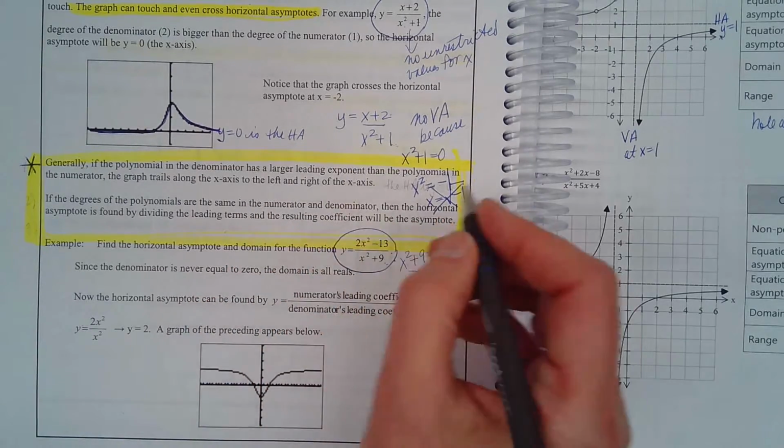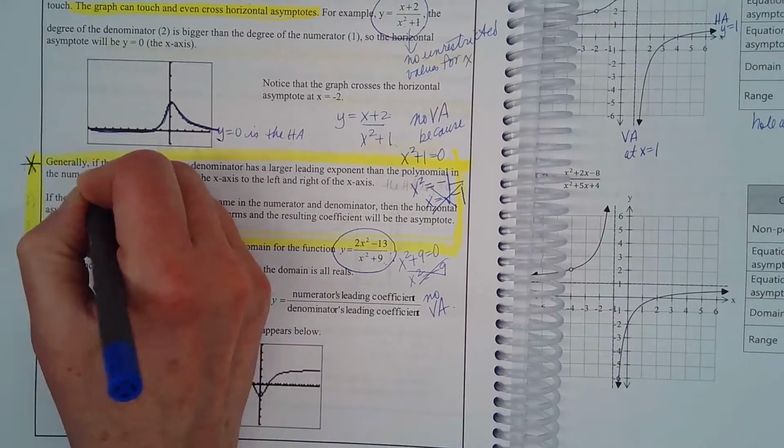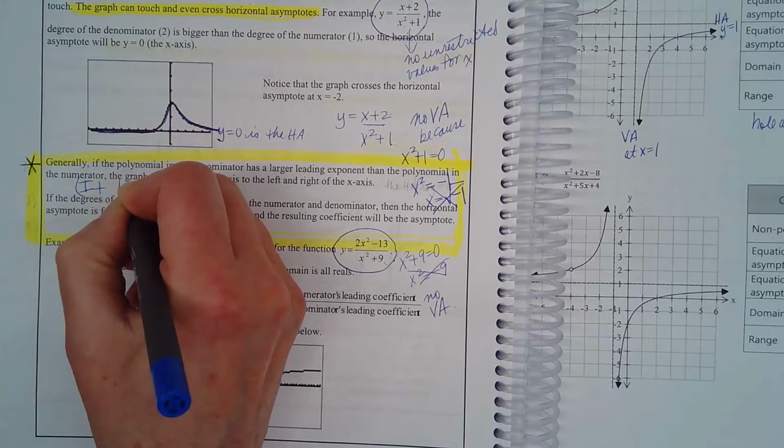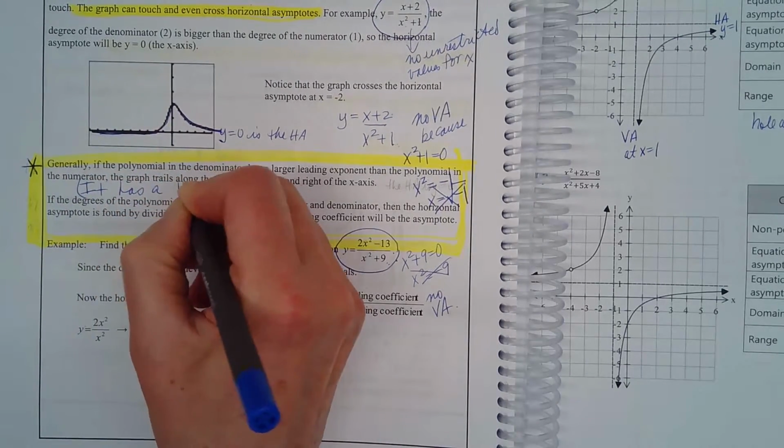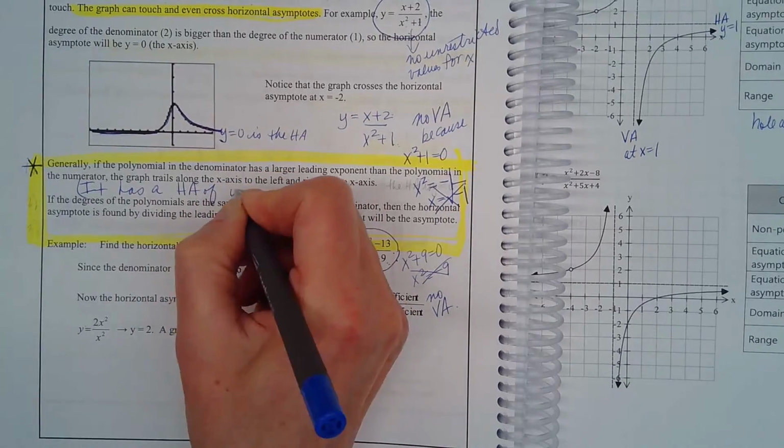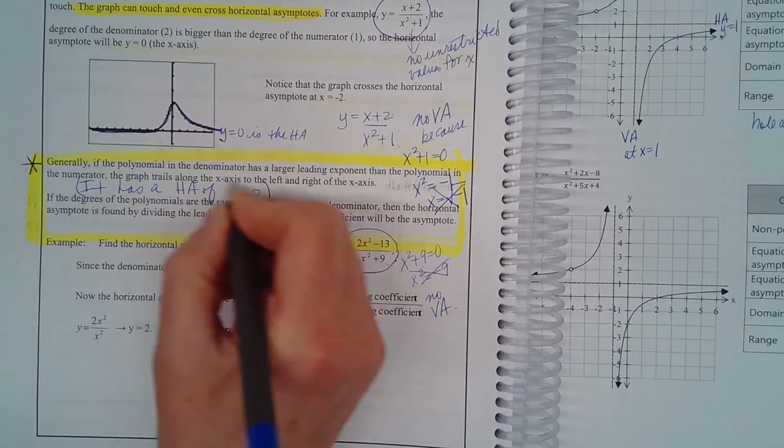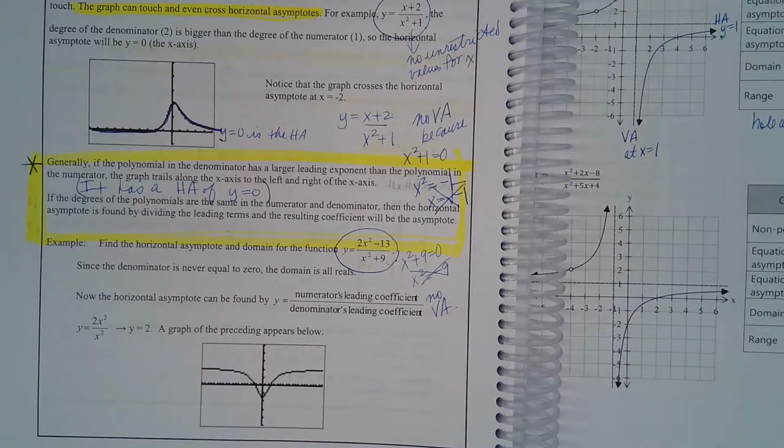What this means is it has a horizontal asymptote of the x-axis, y equals 0. That's all that means here, the x-axis. Let me write this on the board, then we're going to go back to our examples and see if it's true.